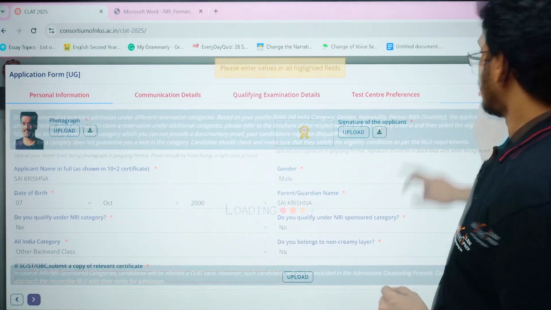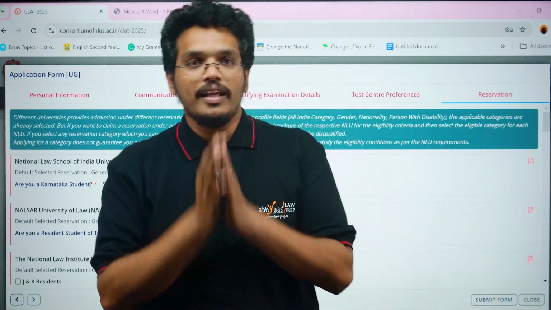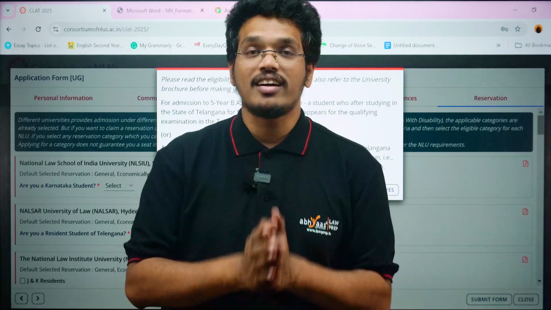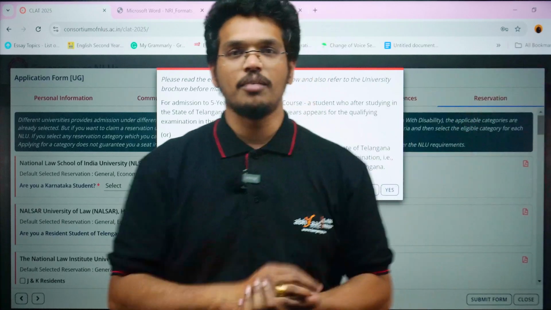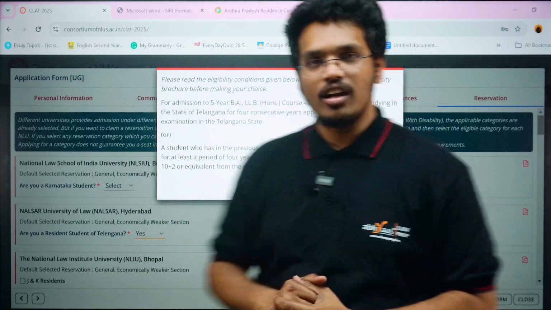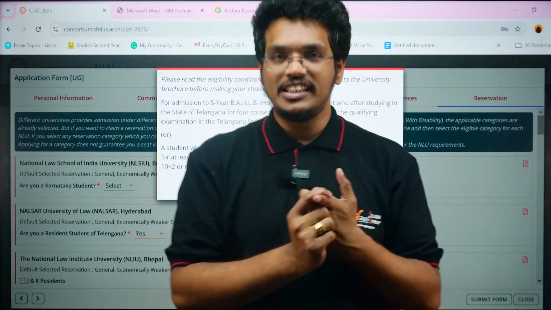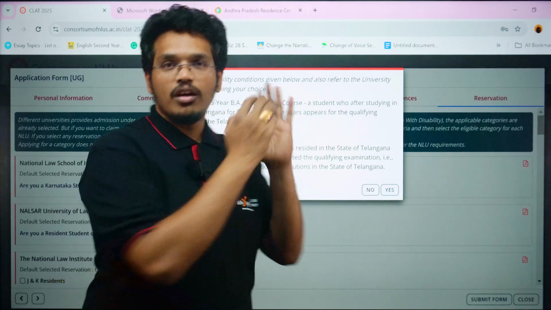Next, finally, coming to the domicile category, whether you belong to Andhra Pradesh domicile or Telangana domicile. What are the required criteria to be eligible as a domicile of Telangana or Andhra Pradesh? So let's talk about Telangana now. If you want to consider yourself as a Telangana resident or domicile of Telangana, these are the criteria you need to meet.